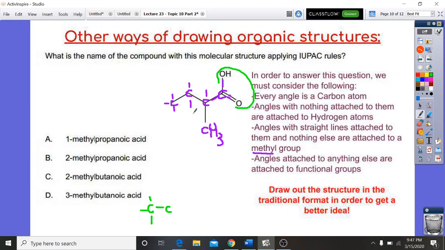And I see, okay, H and H. So H, H. Then this connects to another C. Another C. And this C has an H above. And then it has a CH3 group below it. Then it connects to this other C. And it has an O bonded to an H.